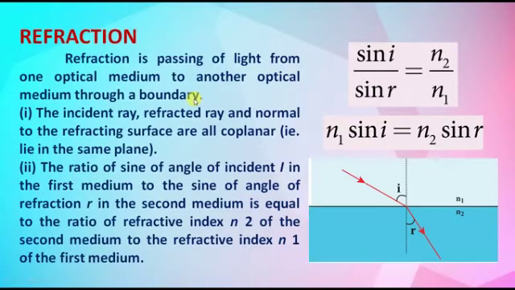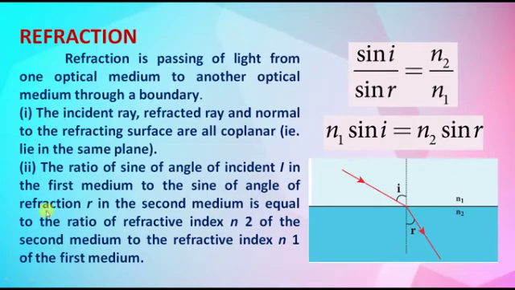In refraction, the angle of incidence i in one medium and the angle of refraction r in the other medium are measured with respect to the normal line. The law of refraction is called Snell's law.